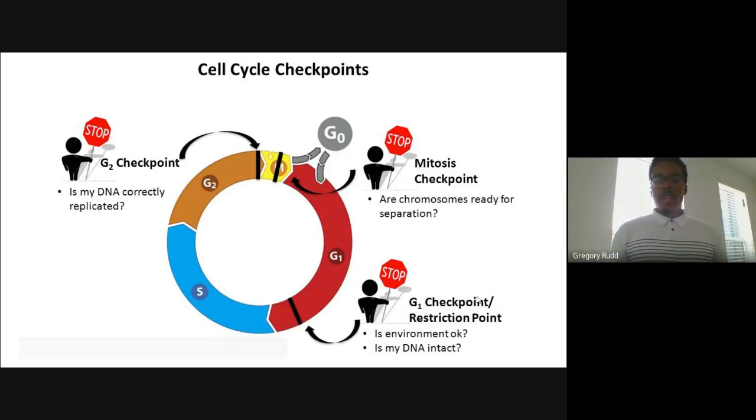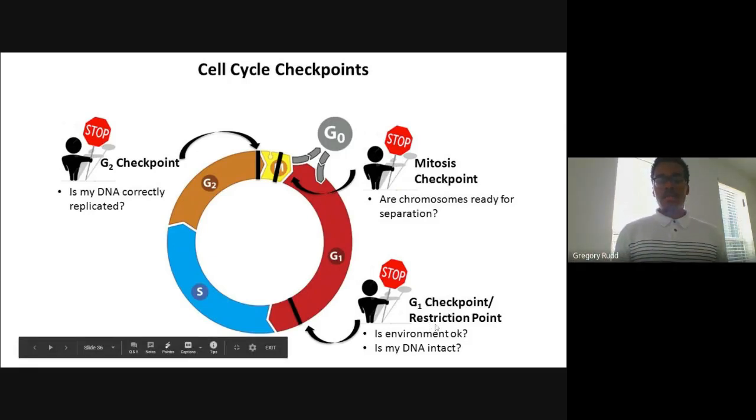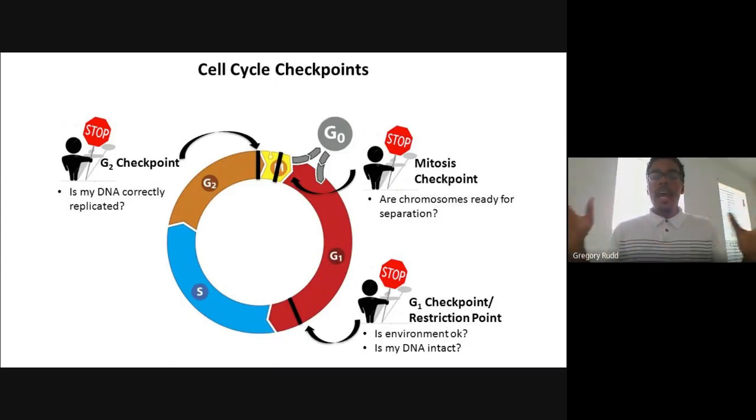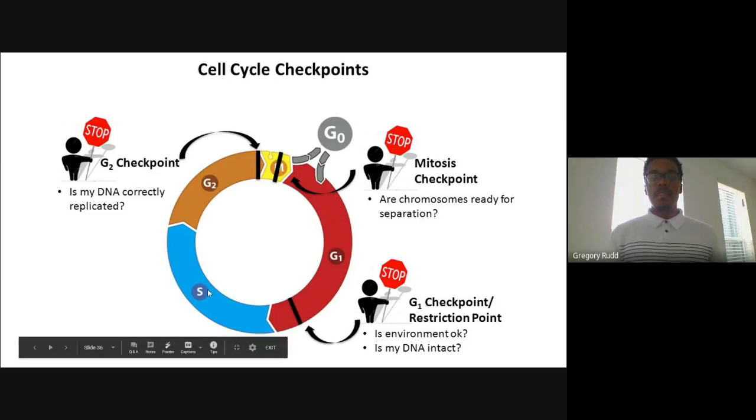So, for example, in G1, it's called a restriction point because before you replicate the DNA during synthesis, you want to ask yourself, am I okay to do that? Is my environment healthy?